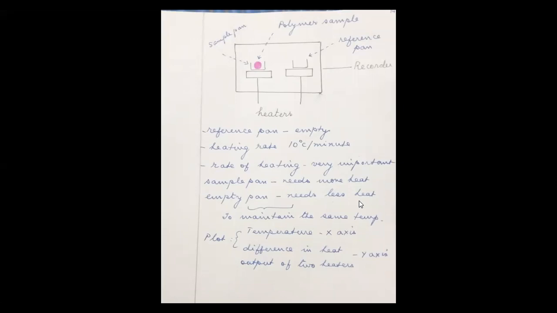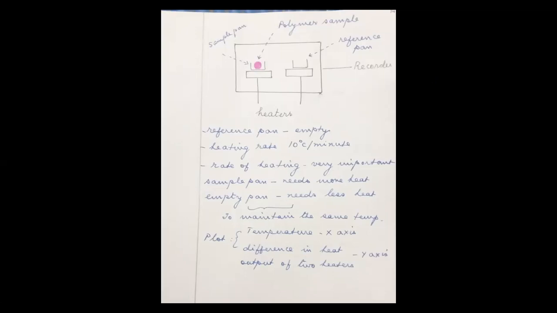And after doing this, there are very accurate and precise recorders, which will continuously record the temperatures of the sample and the reference as a function of the time or as a function of temperature.